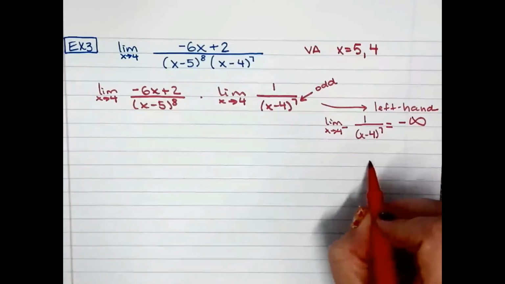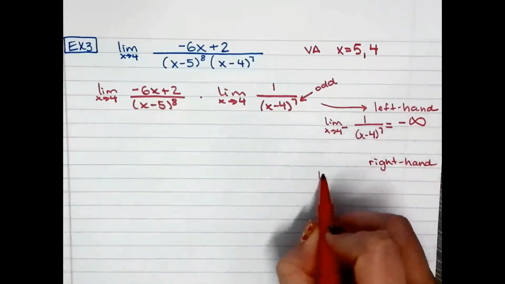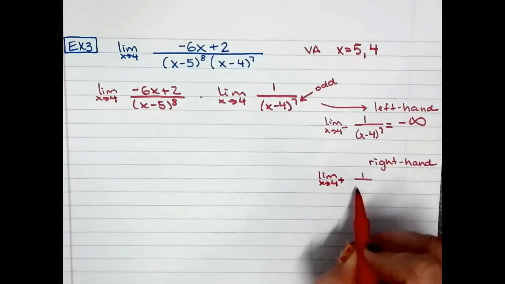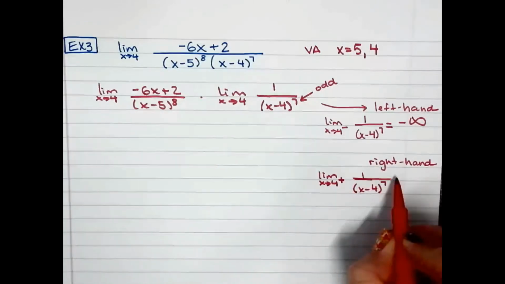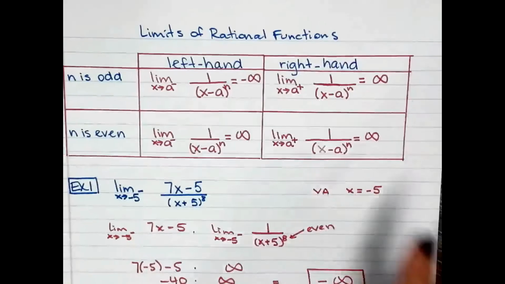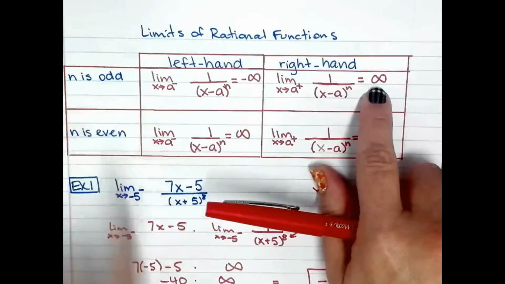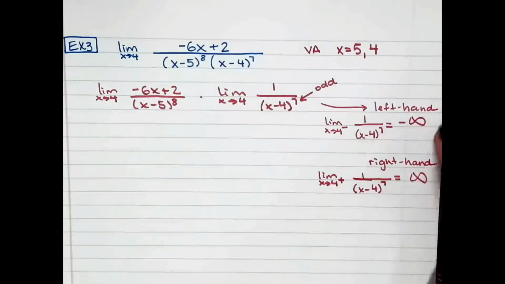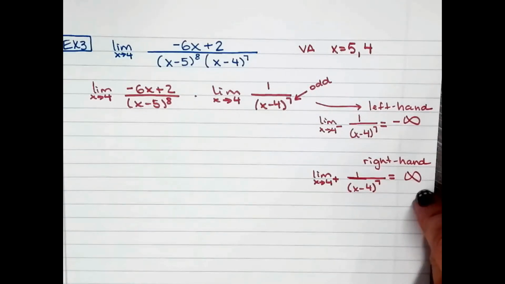So now right hand limit. The limit as x approaches 4 from the right of 1 over x minus 4 to the 7th power. Right hand limit, exponent is odd, so positive infinity. Uh-oh. Now, for a two-sided limit to exist, the left hand and the right hand limits must agree.